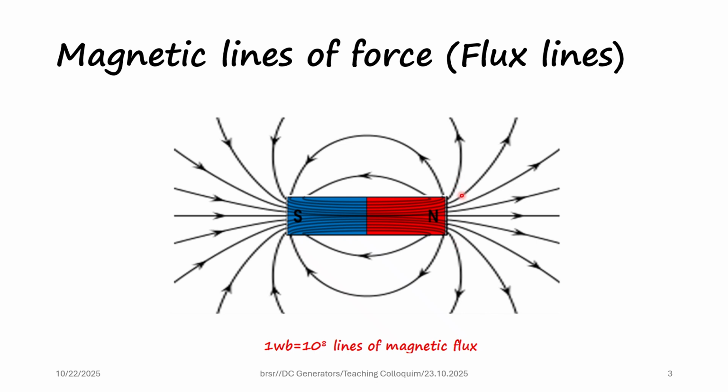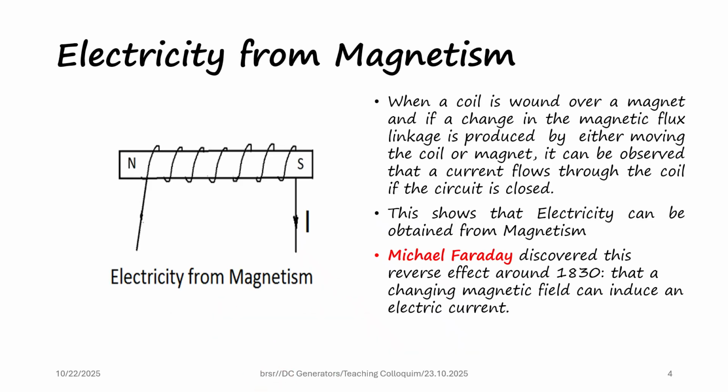Near the poles, the strength of the magnetic lines is more. That is, more lines come out of the north pole, and as we go away, the strength of the magnetic field is reduced. 10 power 8 lines of magnetic flux is given as 1 Weber, which is the unit for magnetic flux.